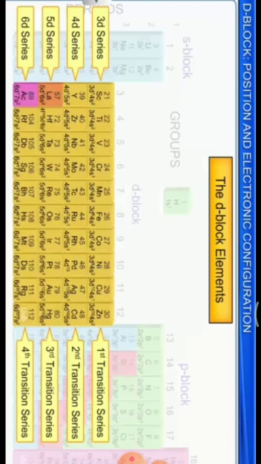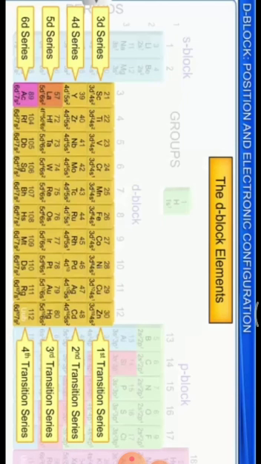Here you see some anomalous electronic configurations in these elements, that is, in the 3d series chromium and copper have anomalous configurations.